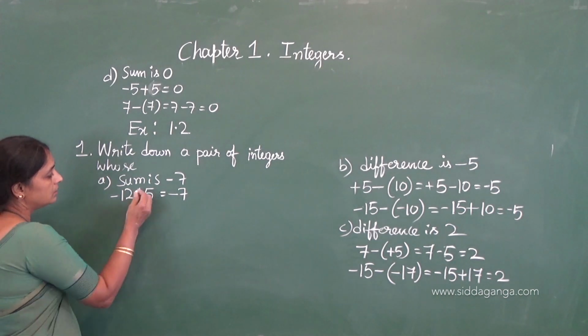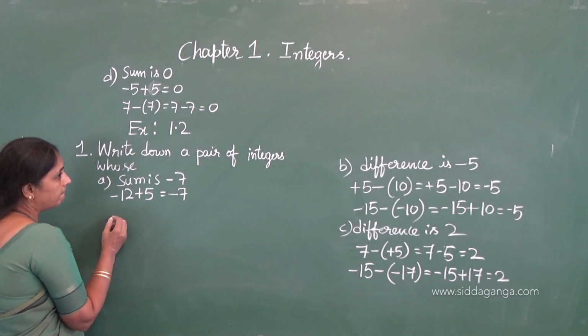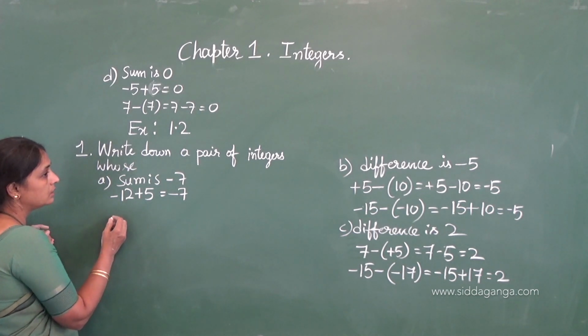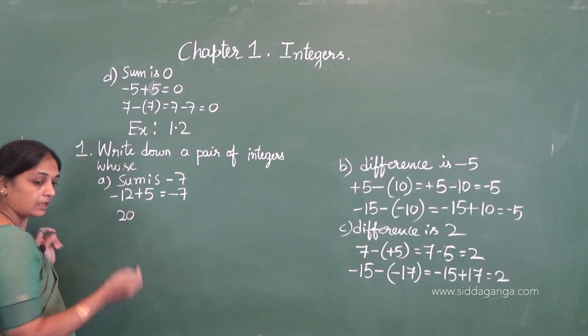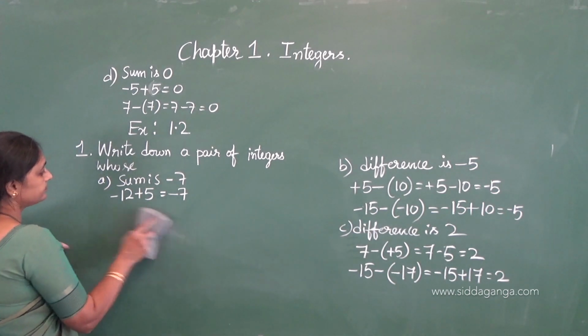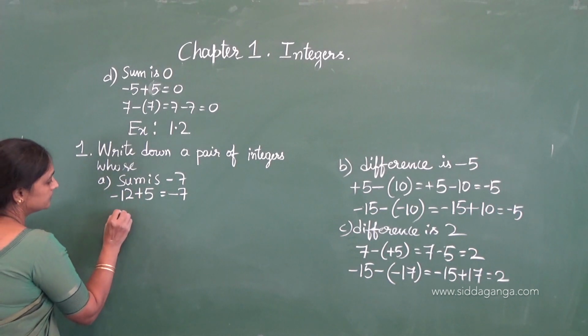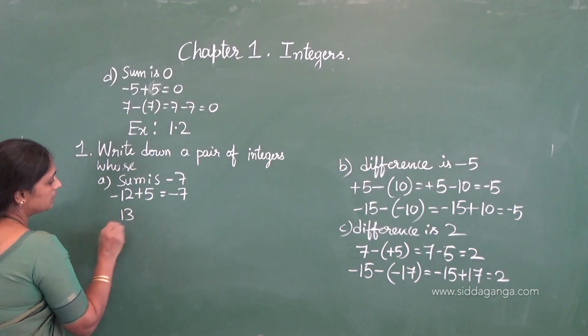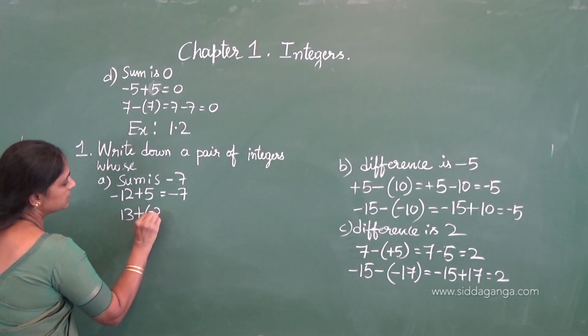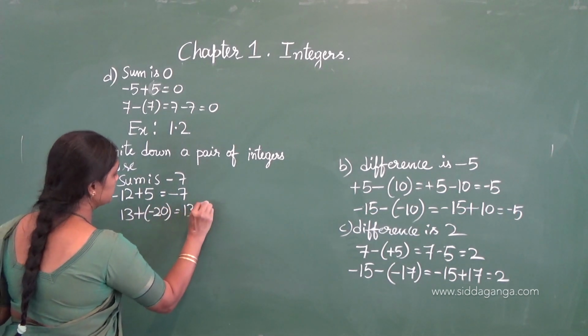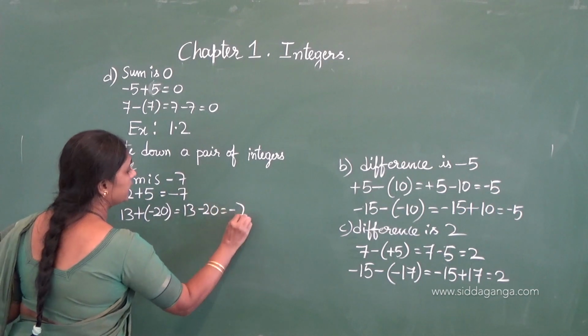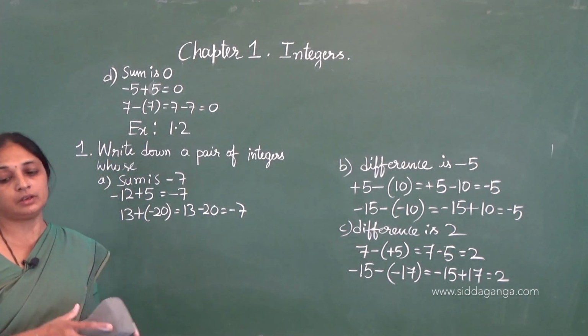If I take 13 plus minus 20, what do I get? 13 plus into minus is minus 20, I get minus 7 here.